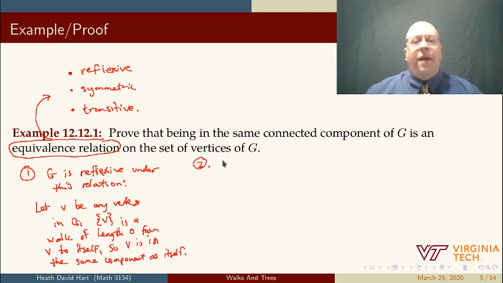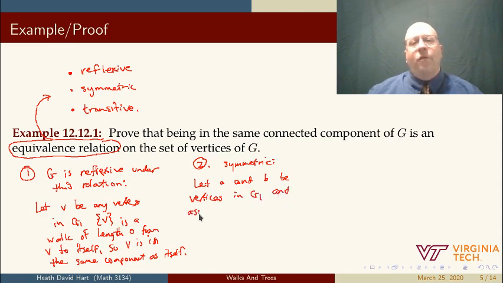We'll prove that this relation is symmetric. Let A and B be vertices in G, and assume that they are in the same component.